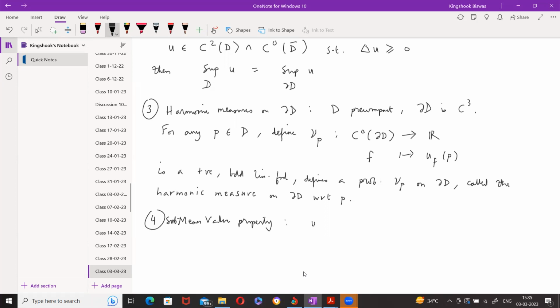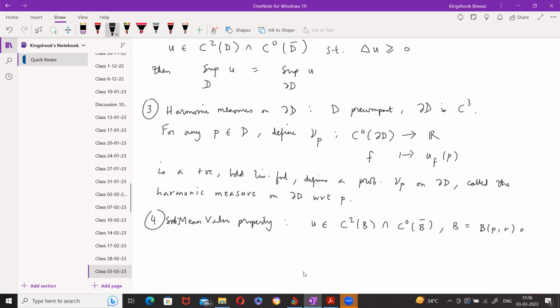So suppose I take U, which is C2 on a ball B and C0 on the closure, where B is a geodesic ball, B P R.